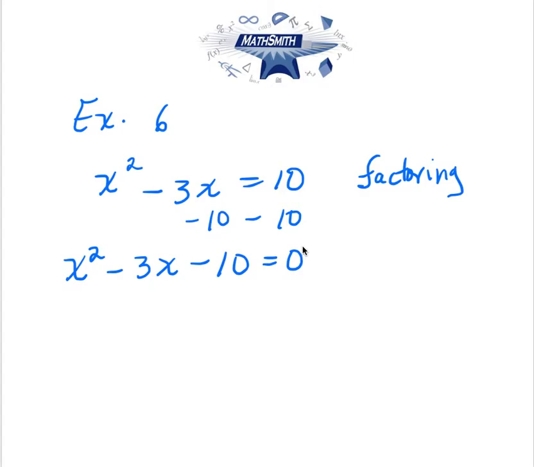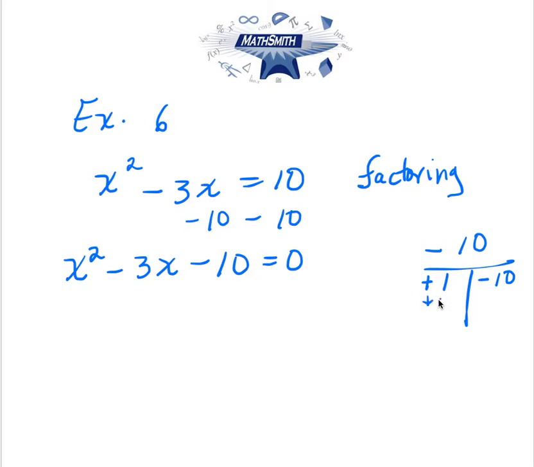Now, you're going to do what you did before. You're going to factor this. So you're looking for factors of -10 that combine into -3. That tells you the larger absolute value is going to be negative and the smaller one positive. You start with 1 and -10. Well, that combines into -9. That doesn't do it.